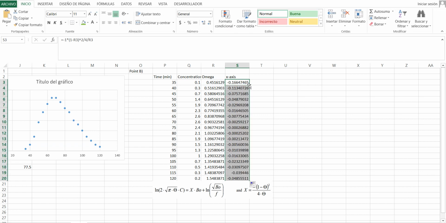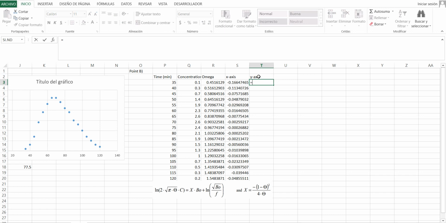Let's continue with the y-axis. As we can see, the y-axis is the left-hand side of the equation, this part. The y-axis would be the natural logarithm of 2 times the square root of pi times omega times the concentration.